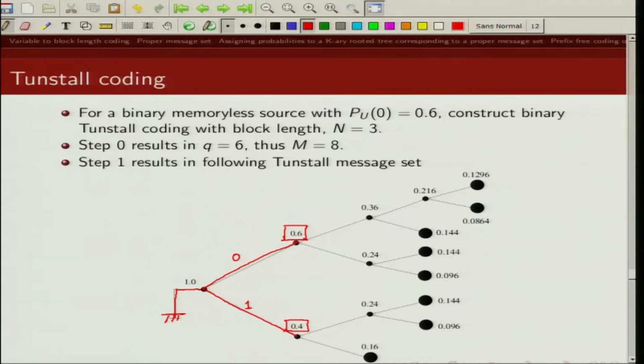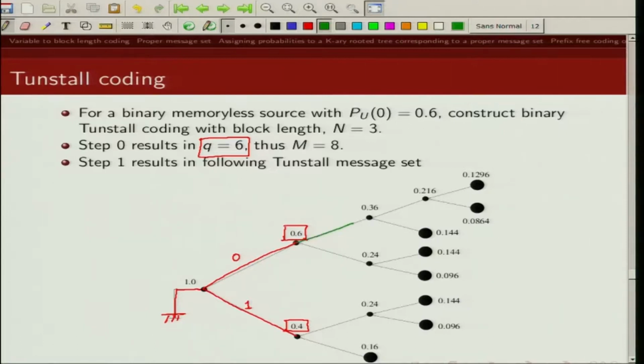Now remember, I need to do 6 extensions of the most likely leaf, correct? So first, note here, 0.6 is more than 0.4. So first I should extend this node which has probability 0.6.